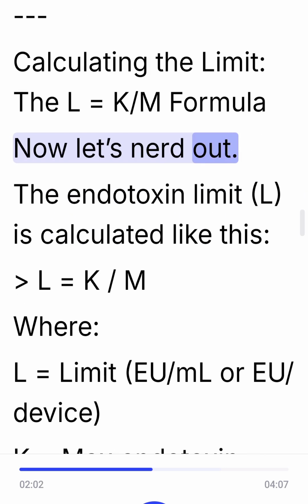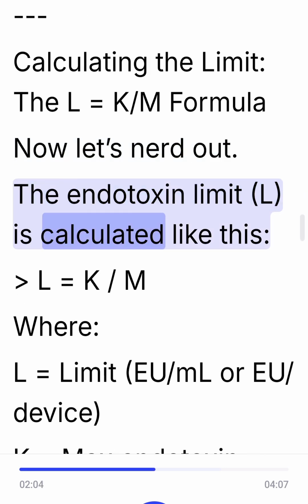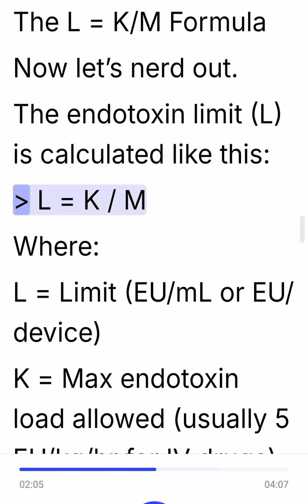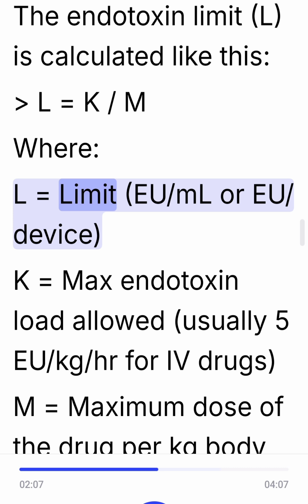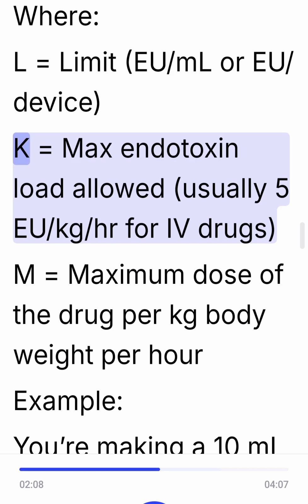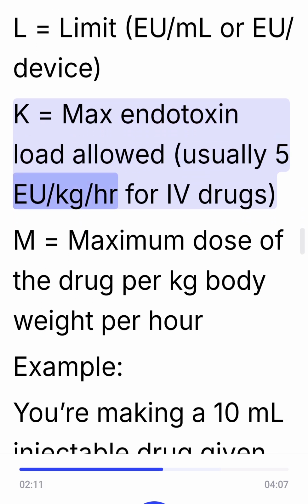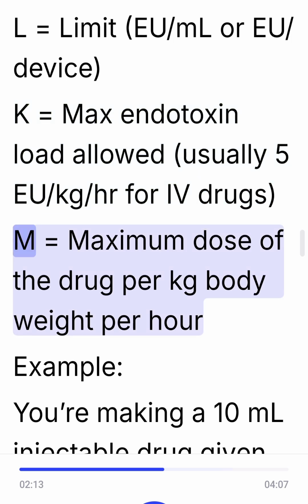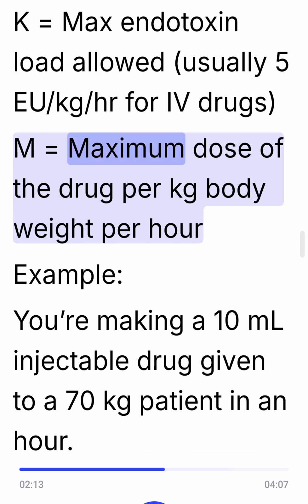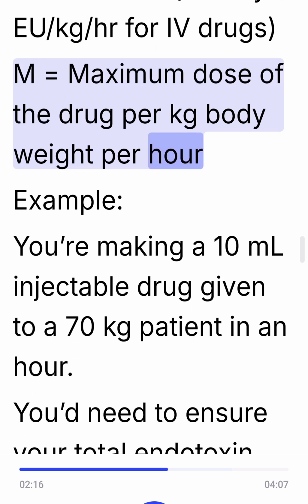Calculating the limit, the L equals K/M formula. Now let's nerd out. The endotoxin limit L is calculated like this: L = K/M, where L equals limit, EU/mL or EU/device, K equals max endotoxin load allowed, usually 5 EU/kg/hr for IV drugs, and M equals maximum dose of the drug per kg body weight per hour.